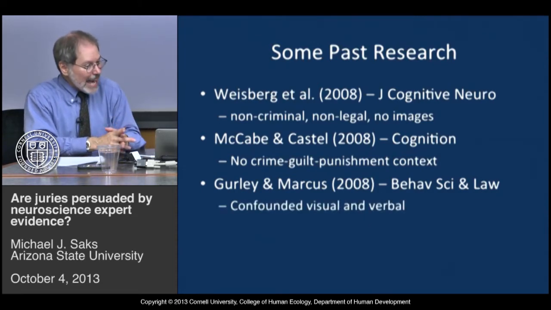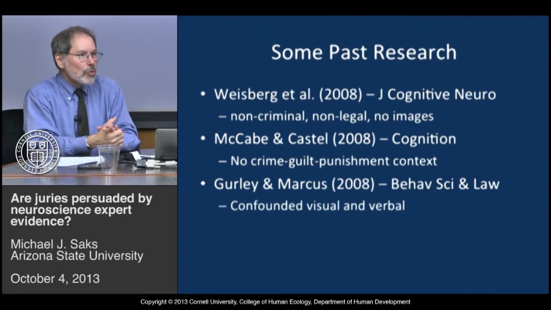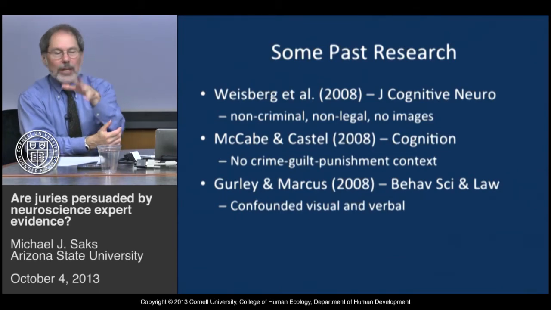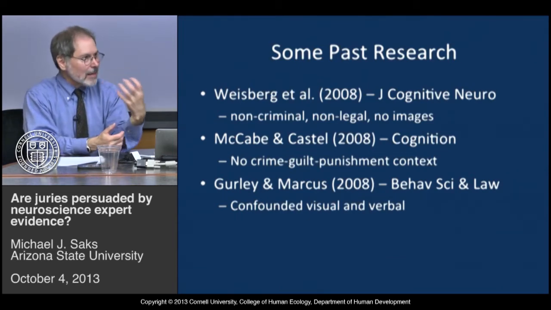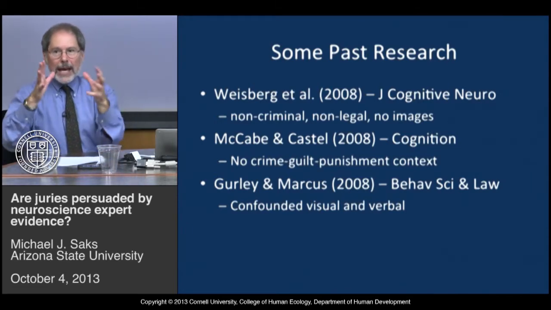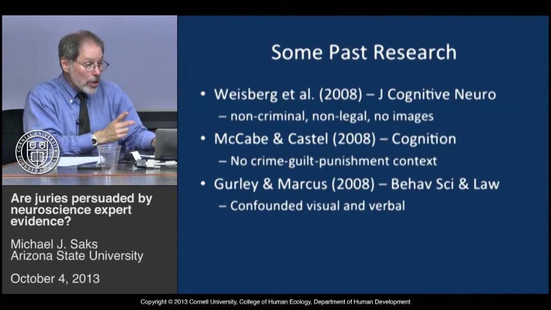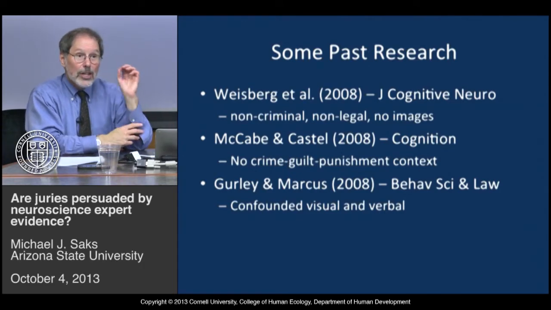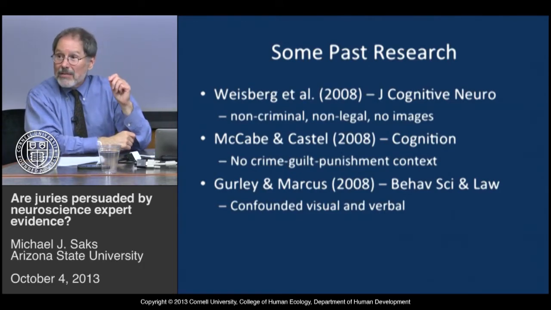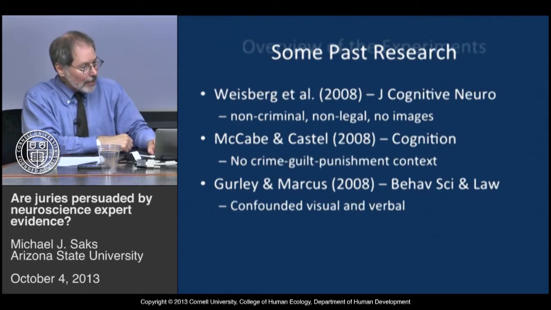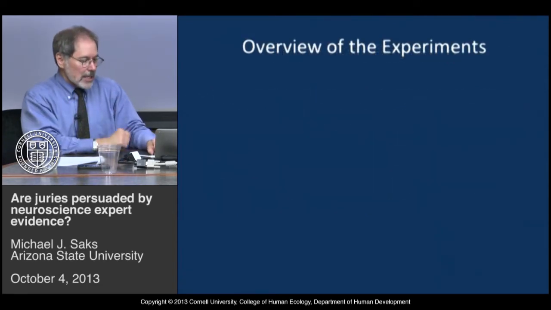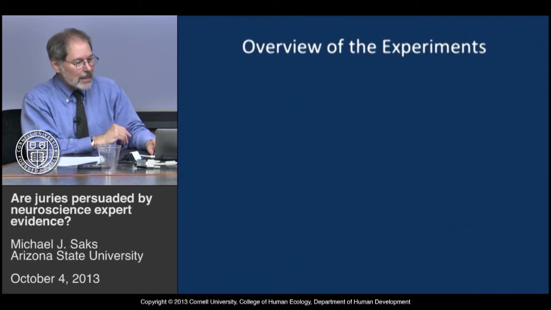Gurley and Marcus managed to confound the visual and the verbal. When they didn't give the visual, they didn't give the neuroscience expert verbal explanation. So it was a whole package, neuro or a whole package clinical. So we don't know if the visual image was the active ingredient. And there were other studies, all of them less than perfectly answering our question.